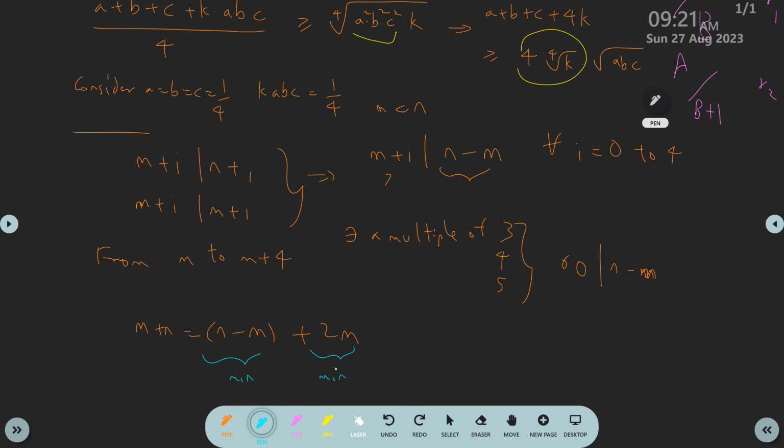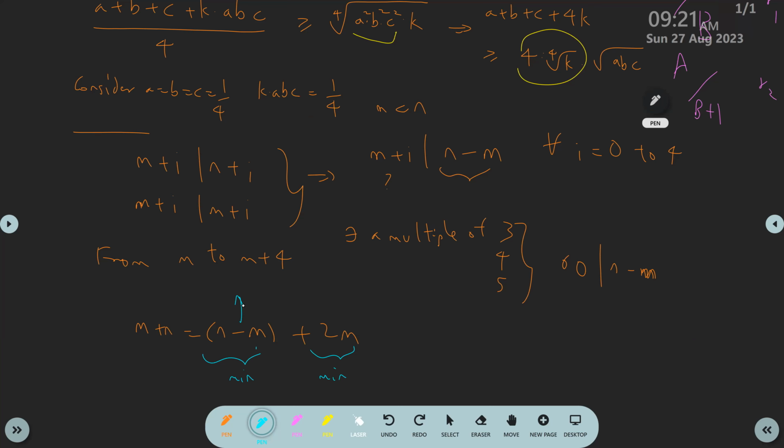But can we minimize them separately is what I'm not sure about, because when you try to minimize 2m, you will try to make the value of m as small as possible. In that process, this term will increase. So they are conflicting in that way. So how do we minimize both of them together?